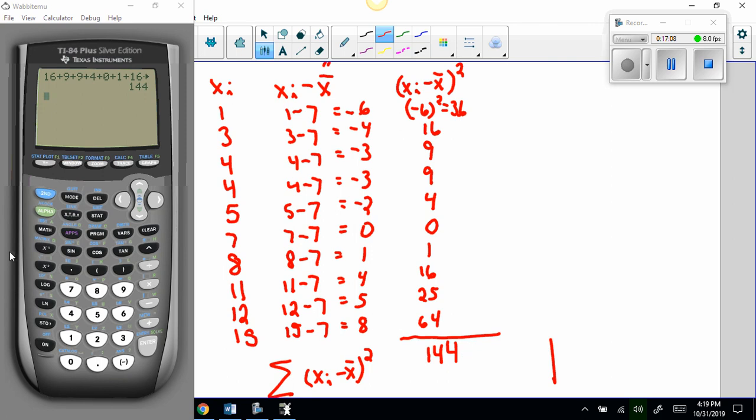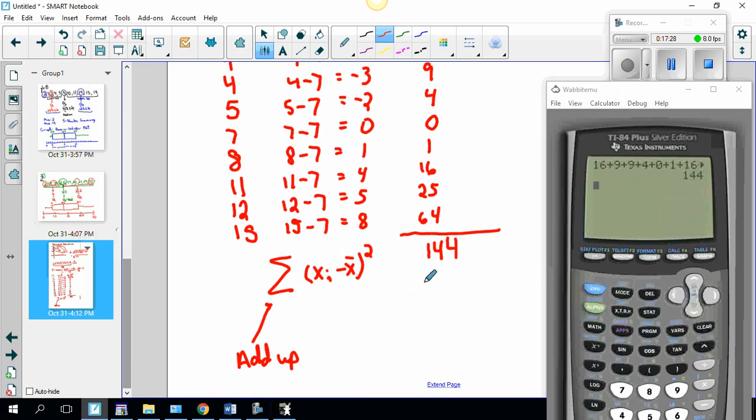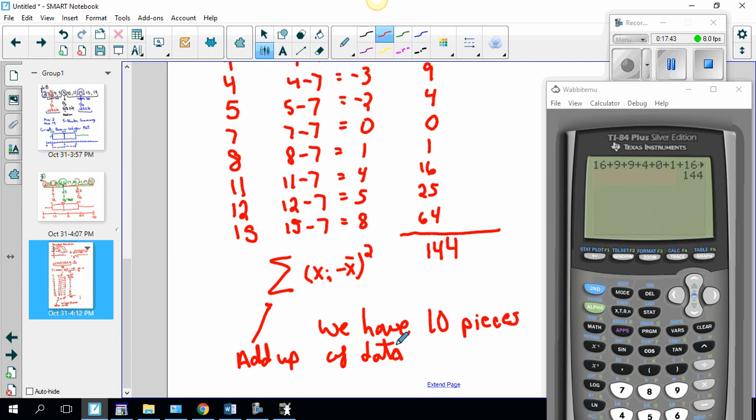Now, we take that number, we add them up, and then we divide by total number minus 1. So since we have 10 pieces of data, we divide by 1 less.